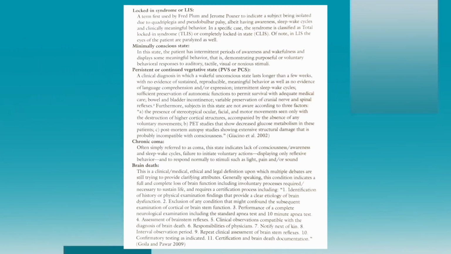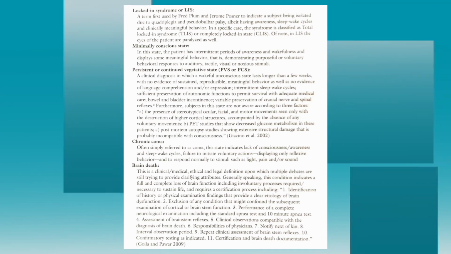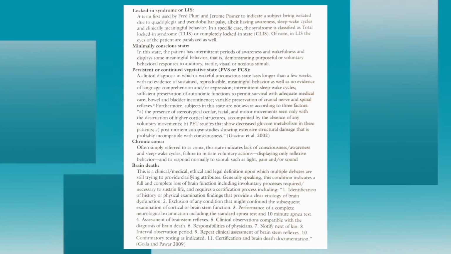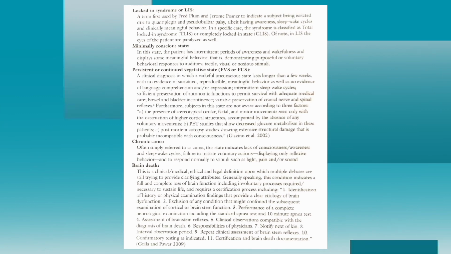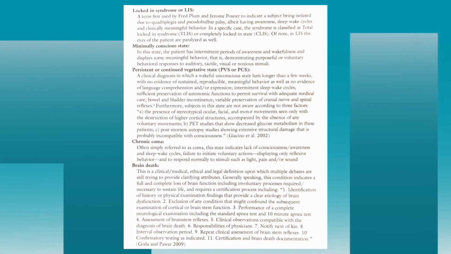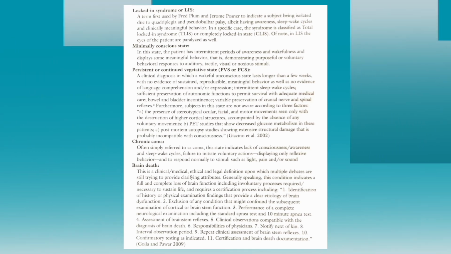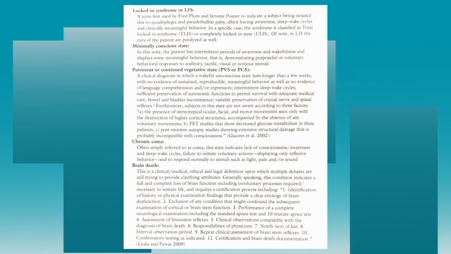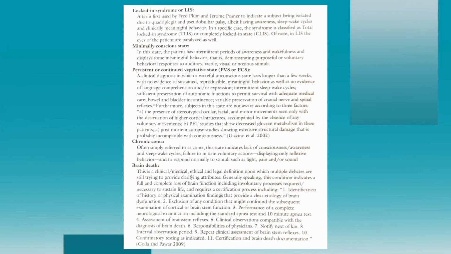So A, the presence of stereotypical ocular, facial, and motor movements seen only with the destruction of higher cortical structures, and again, the discussion of the cortex here is fundamental, accompanied by the absence of any voluntary movement, and by voluntary, of course, we are still connected to the free will debate. B, PET studies that show decreased glucose metabolism in these patients, and finally C, post-mortem autopsy studies showing extensive structural damage that is probably incompatible with consciousness.